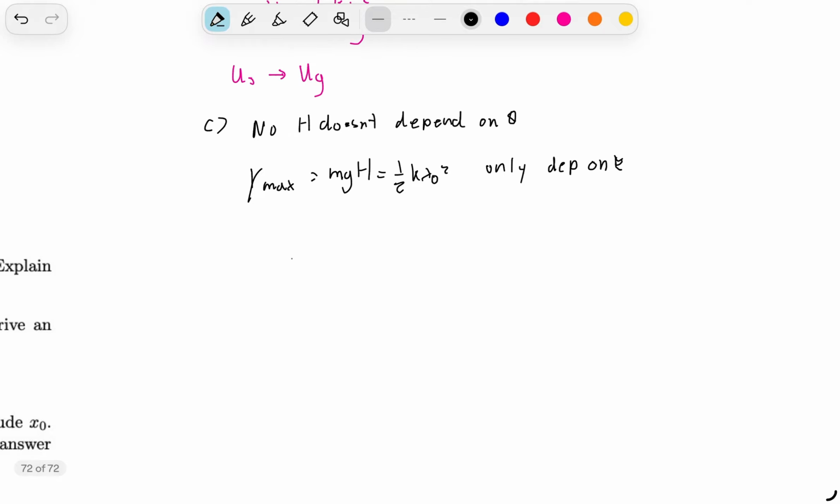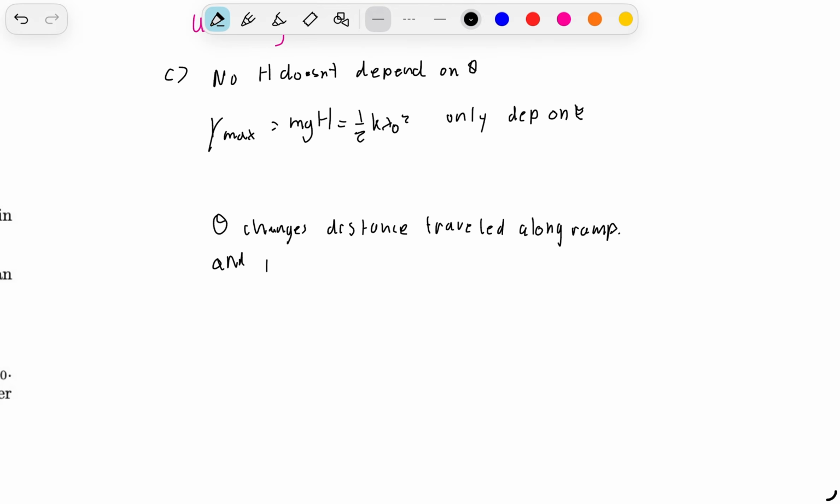So that means the incline angle is going to change the distance traveled along the ramp, and not the vertical height reached for the same available energy.